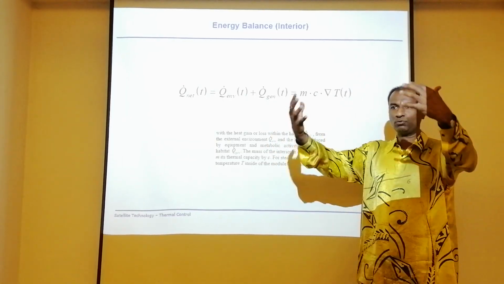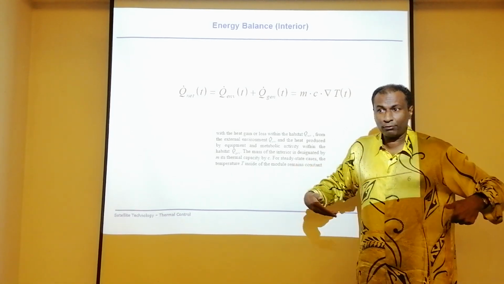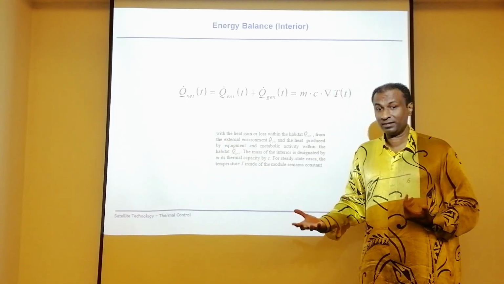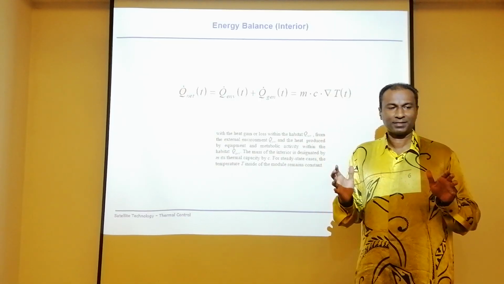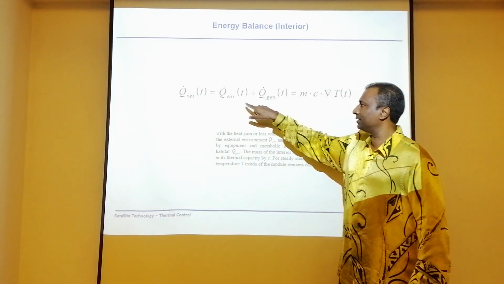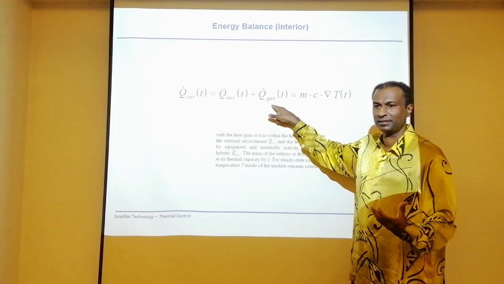Heat comes from outside, heating you up. Don't forget there is also heat from inside. You are operating onboard computers, you have a battery. Remember, the battery also emits heat. So you have the external heat from the environment, and internally generated heat.